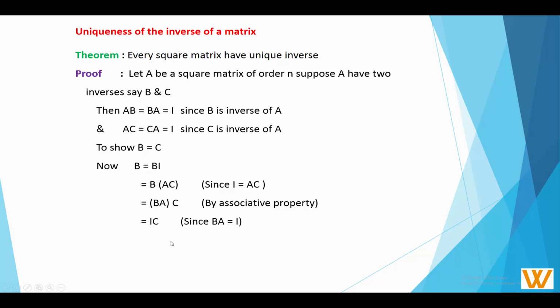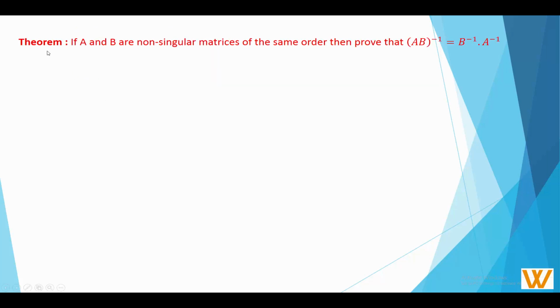Means we get B equal to C. The matrix A has only one inverse. Therefore the inverse of a matrix, if it exists, is unique. This is the proof of this theorem.